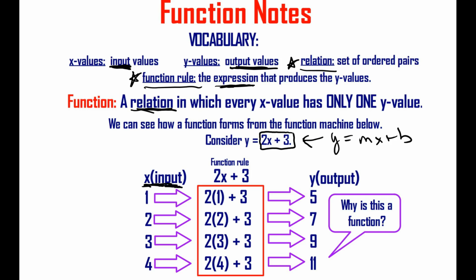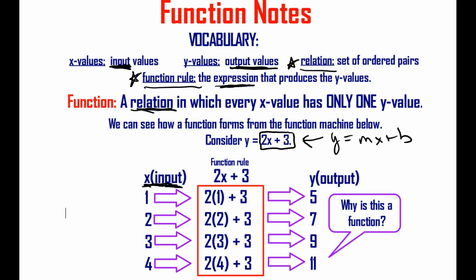When I input my x into my function rule of 2x plus 3, my output, which is my y value, is 5 because 2 times 1 is 2 plus 3 is 5.